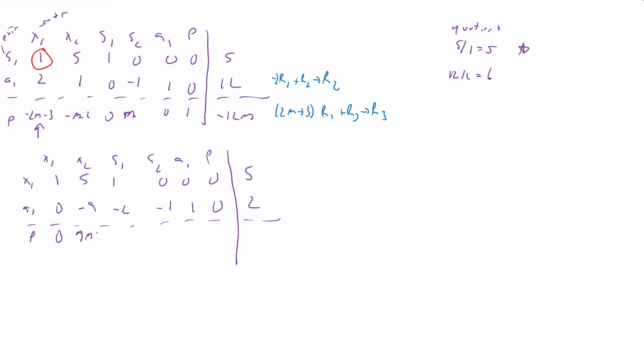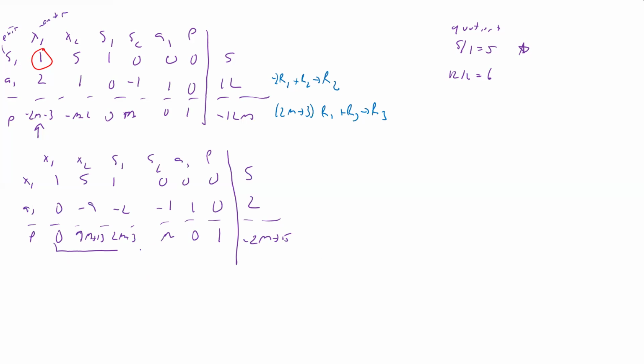That's 15 minus 2, so that's plus 13, and that's going to be 2M plus 3. And that's going to be M, a 0, a 1, and that's going to be minus 2M plus 15.